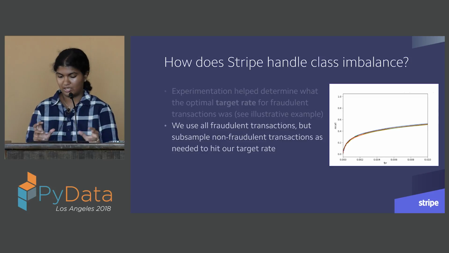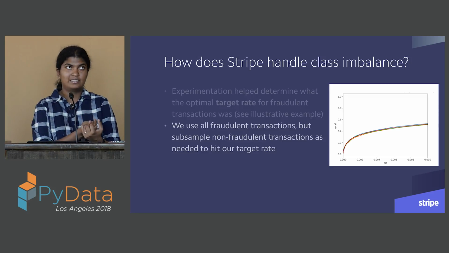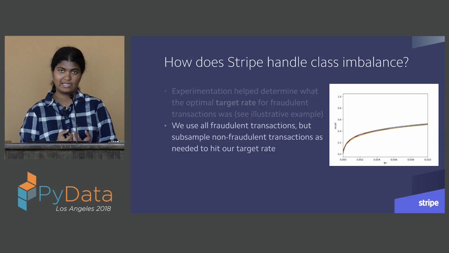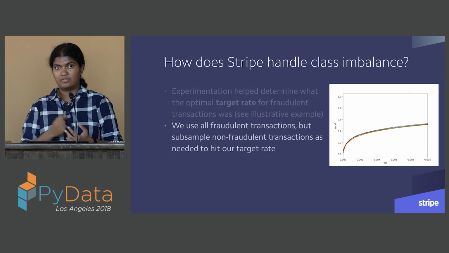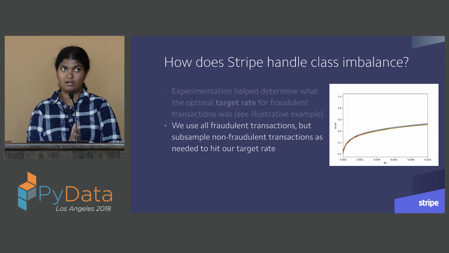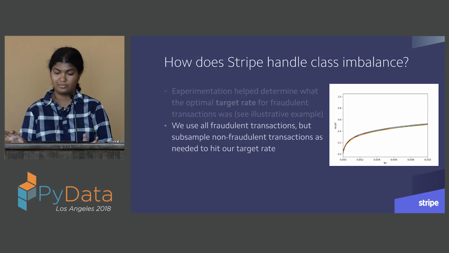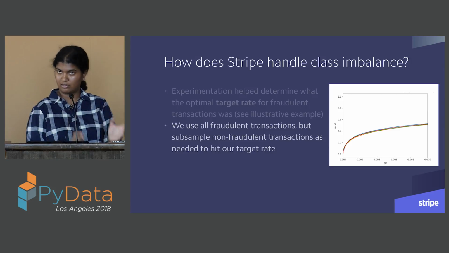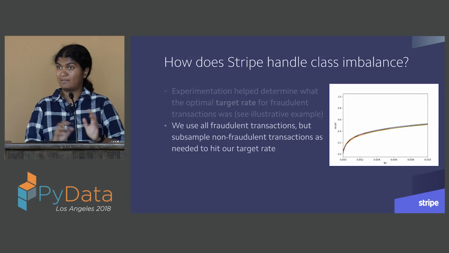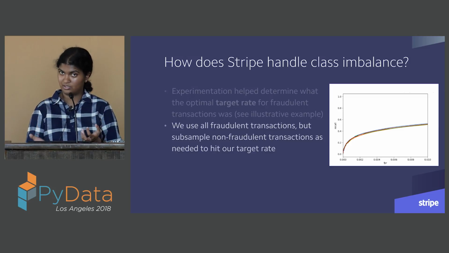So to use some concrete numbers to explain this, let's say we have a data set which has 1,000 charges. Out of those, 10 of them are fraud, 990 are not fraud. And let's say in our experiments, we determined that the best target rate in training data is 10%, which means that 10% of your training data has to be fraudulent charges.